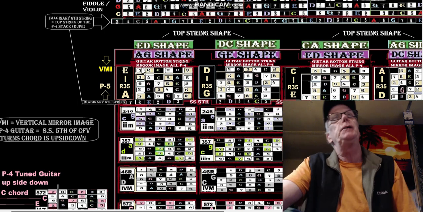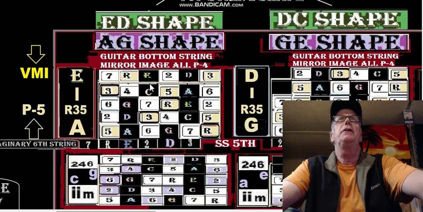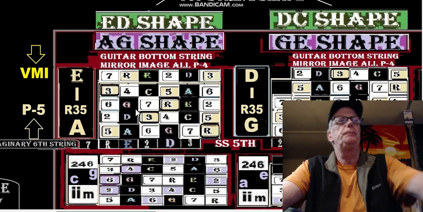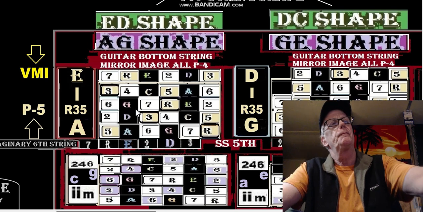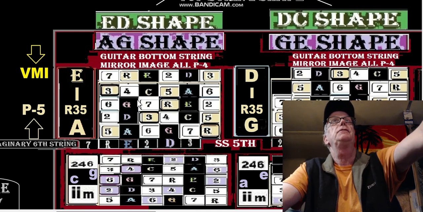In the string shapes, what are the string shapes? These letters right here on the accidentals. So every accidental has a string shape. D flat is the E string shape location.